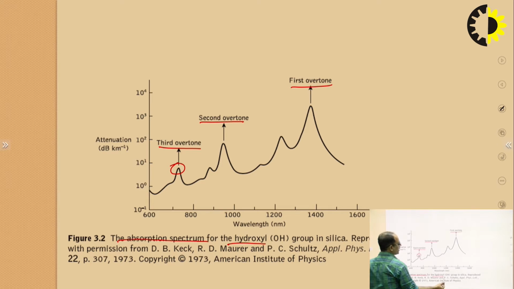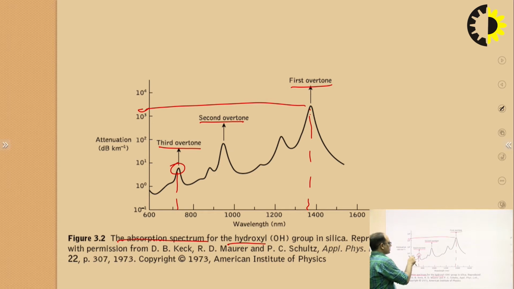You will see here that due to the hydroxyl ion, at this wavelength there will be a higher attenuation, and at this wavelength the attenuation due to the hydroxyl ion is less as compared to the higher wavelength.